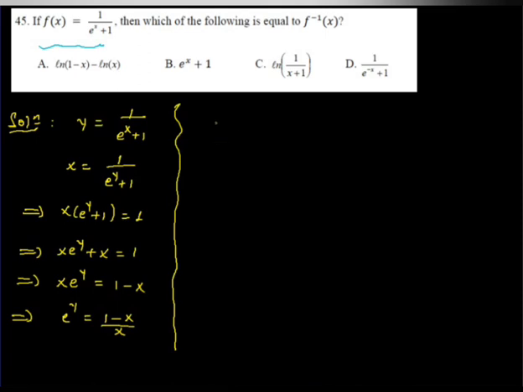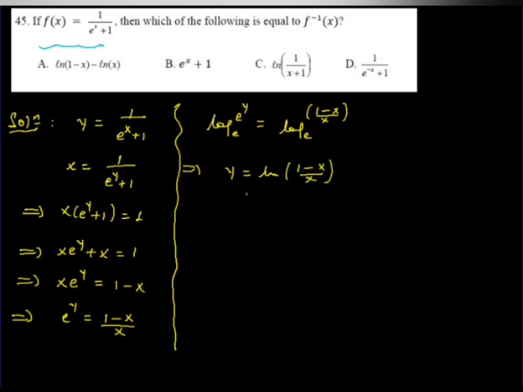So now we take both sides by logarithm of base e, and this implies y is equal to ln of 1 minus x over x.